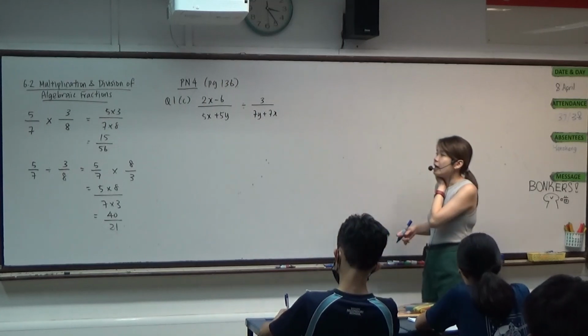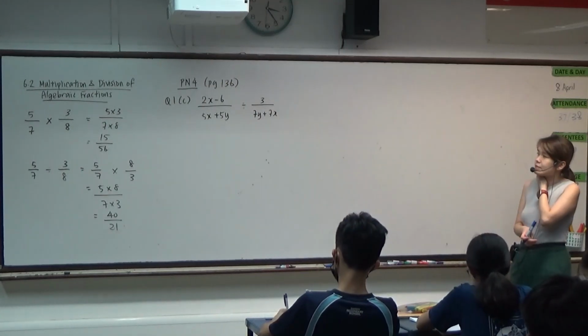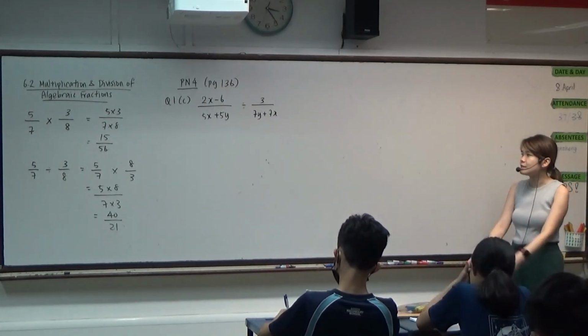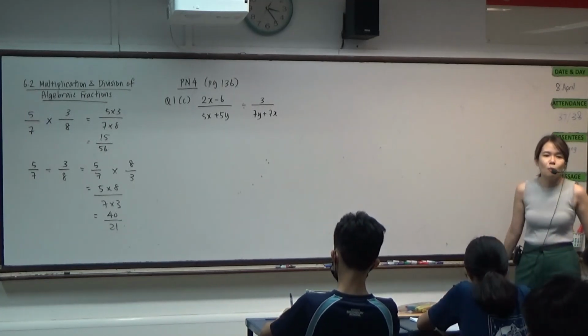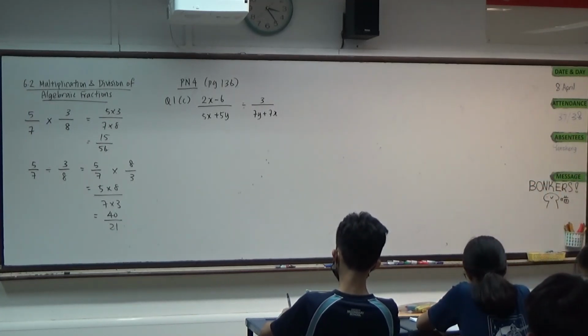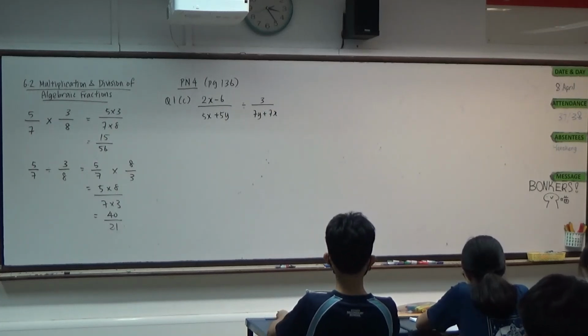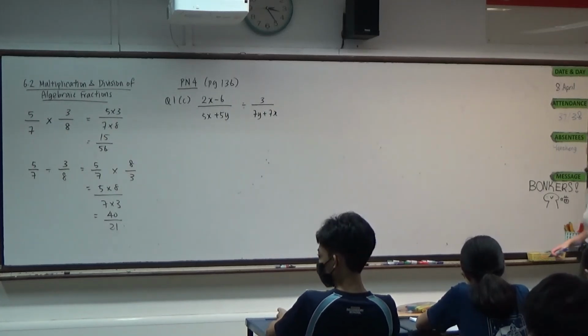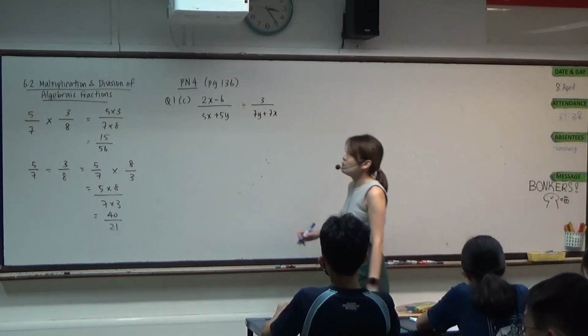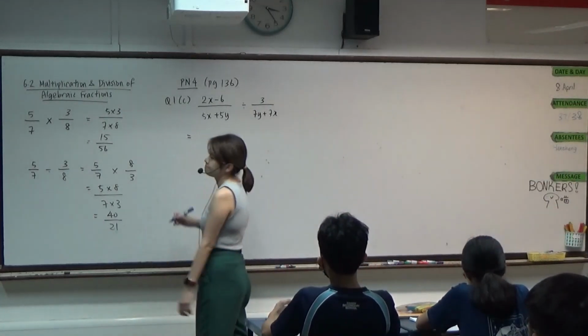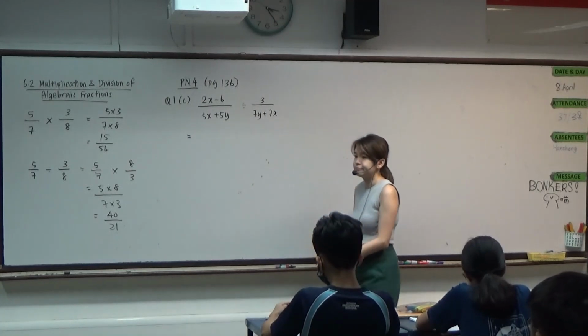So we have 2x minus 6 over 5x plus 5y divided by 3 over 7y plus 7x. What would your first step be? There are many ways to do this. So what will your first step be? It's up to you to decide.